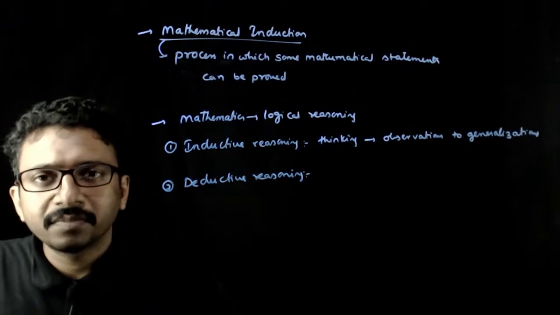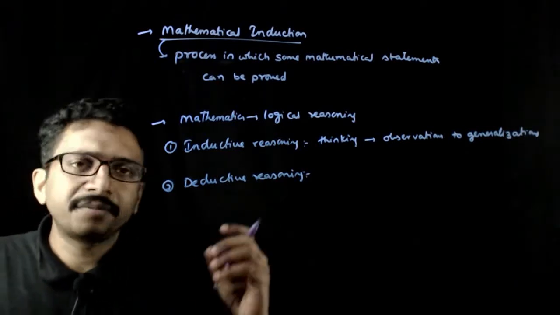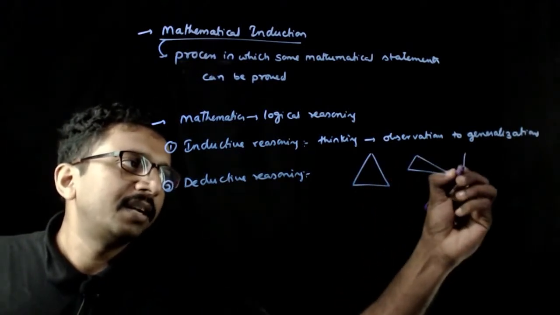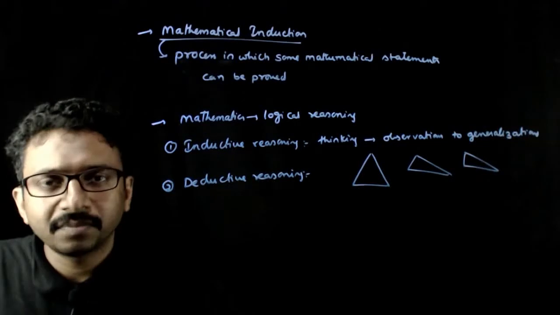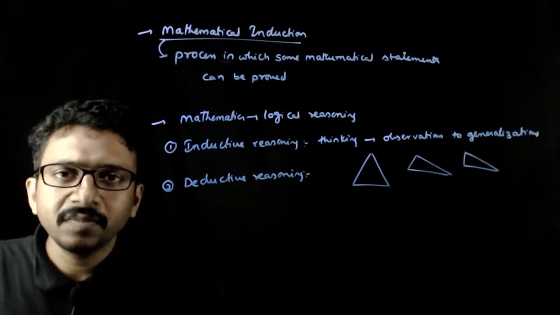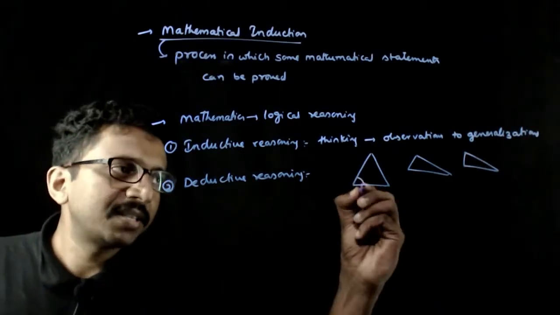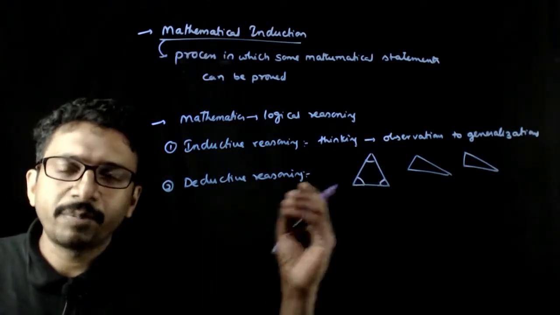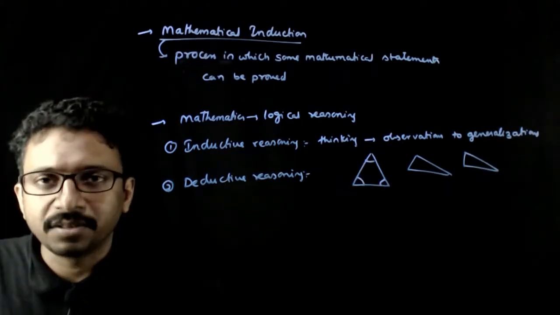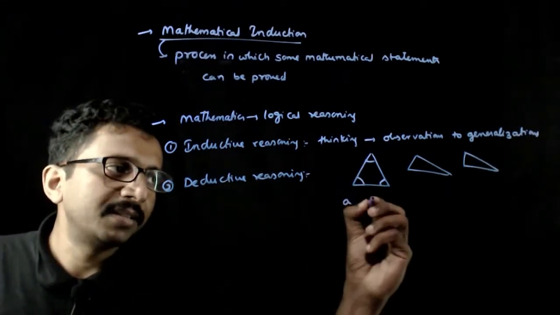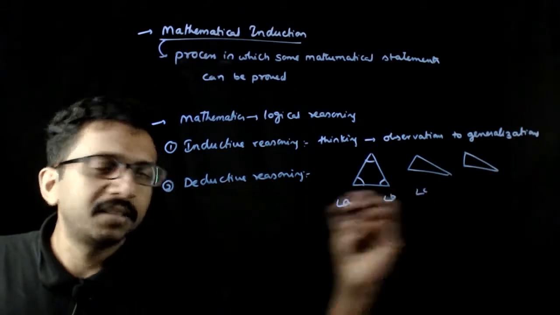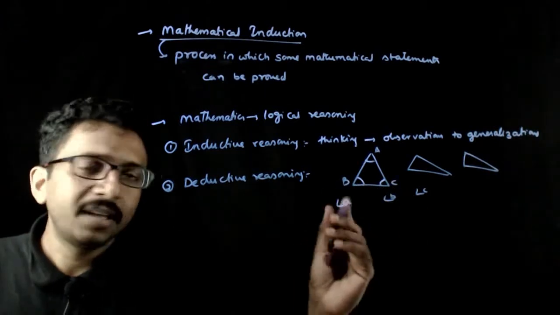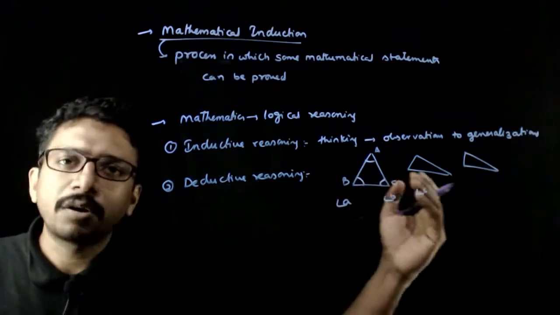For example, assume that you have different types of triangles. You take a protractor and measure the three angles of each triangle, angle A, angle B, angle C, and you go on doing it for a lot of triangles.